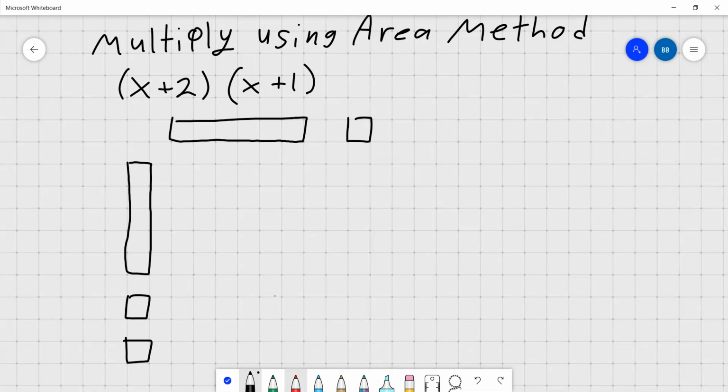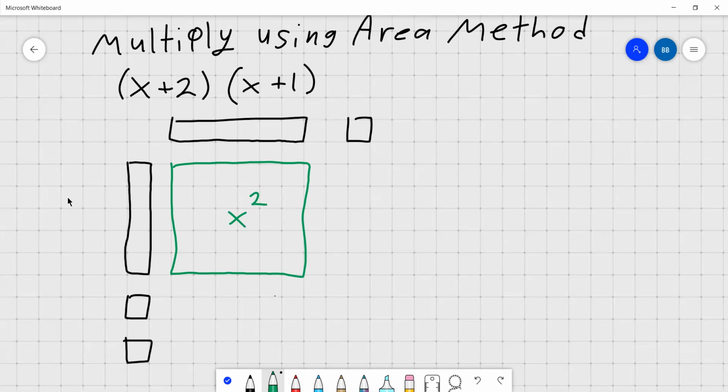Now, what do we do at this step? Well, we're going to work in this area right here. So here, these two x's, we just draw in between them. And what do we get? x squared. What about over here? We have a 1 unit and we have an x unit, so we are simply going to draw like this.